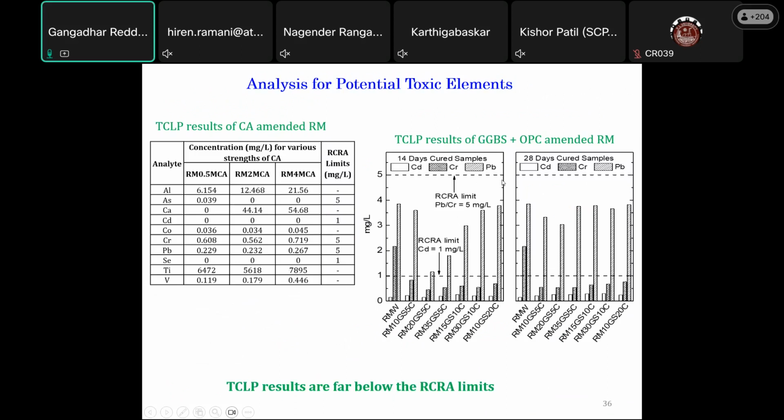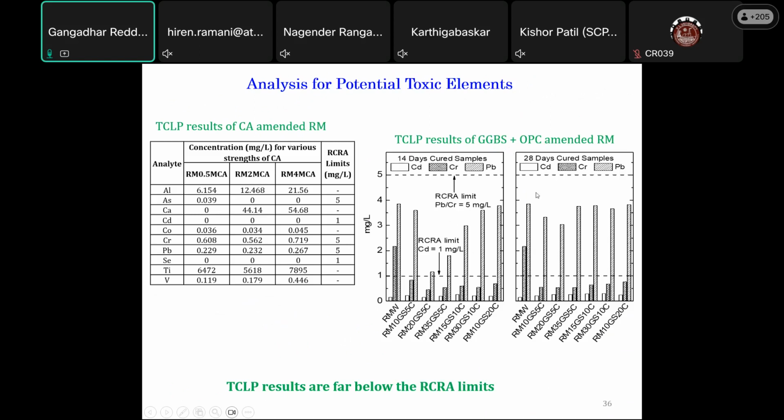This one is treated with citric acid, and the other one is stabilized soil with the stabilizer treatment of GGBS and OPC. Basically, the samples are taken for different combinations to see exactly what is happening to the leaching of metals.